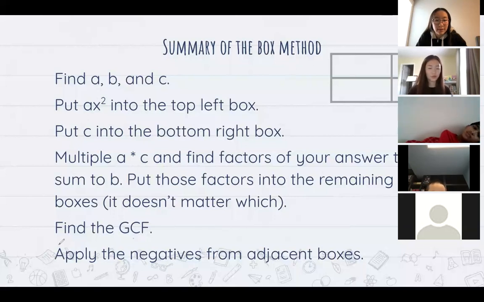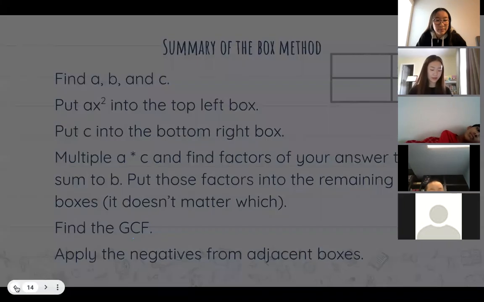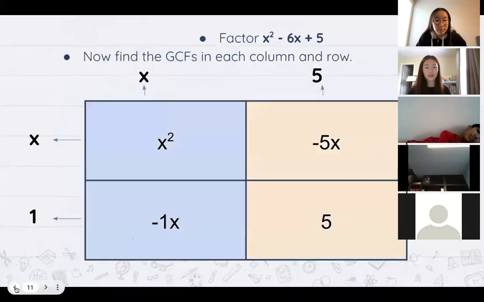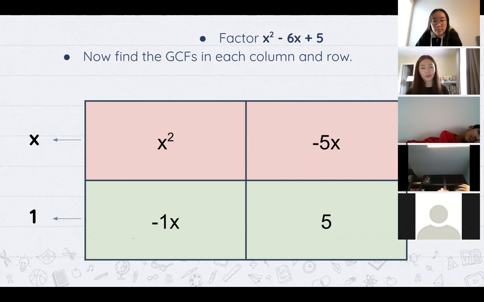No. So let's go back a little bit. Once you do all of these boxes and you've already filled it out, you look at rows and then columns. It doesn't matter which order you go, but you can go row first.